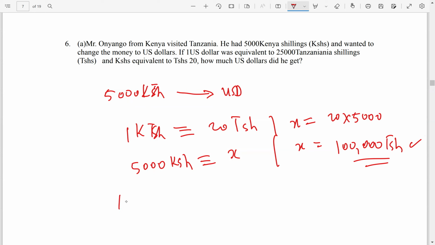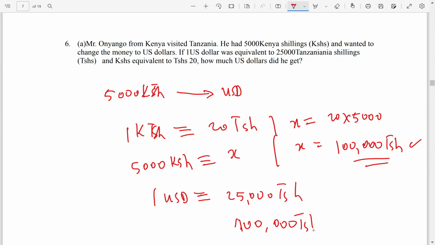We know that one USD is equivalent to, it is actually 25,000 shilling according to the information given. So 100,000 shilling will be equivalent to how much USD?